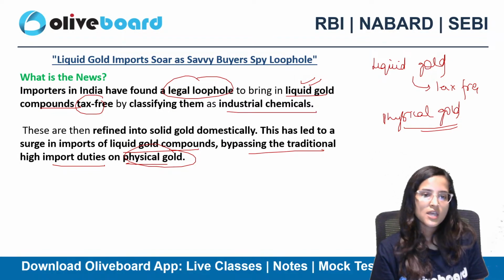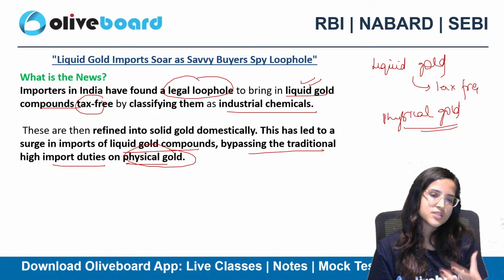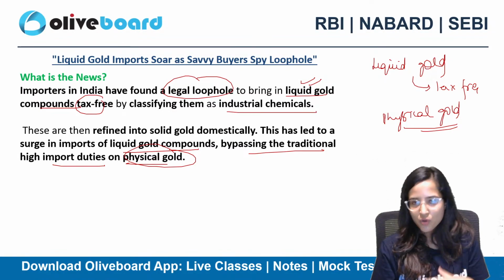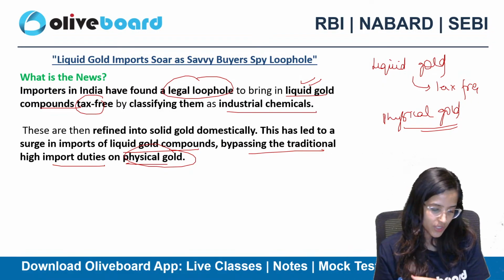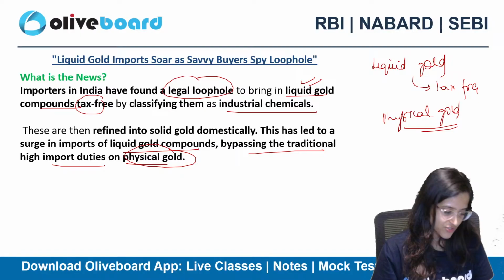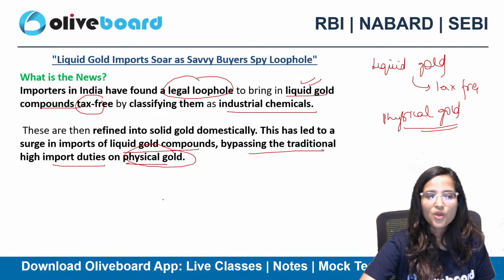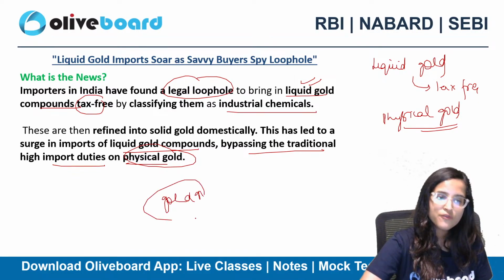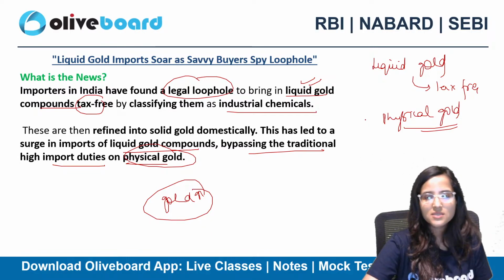So what they were doing is they were importing it, बोल के कि this is for industrial chemical and this is liquid gold, और बाद में domestically they were converting it into the physical gold. हाँ, बढ़िया strategy लगाई, exactly है ना. Because of which gold के imports बढ़ गए हैं, bypassing this high import duty.